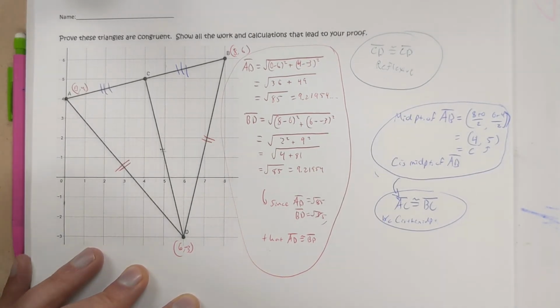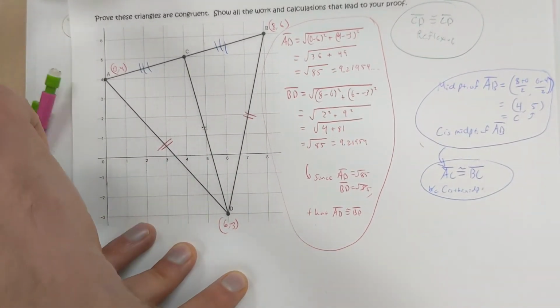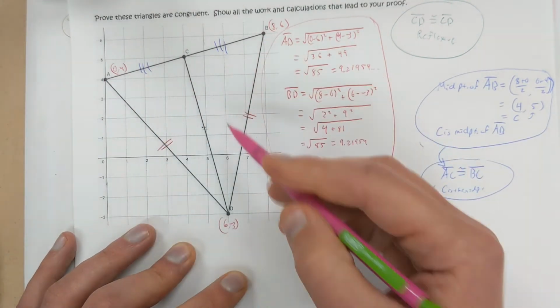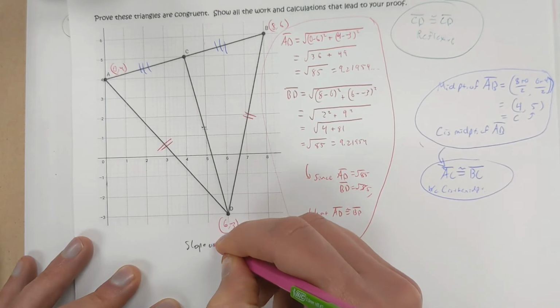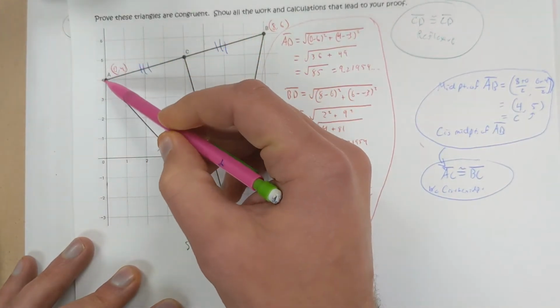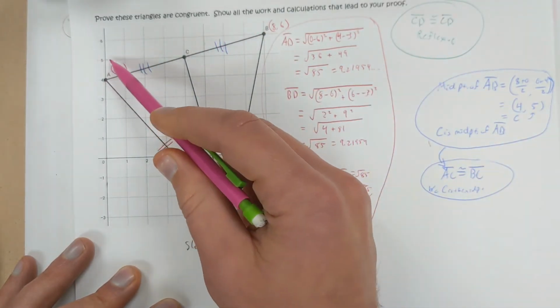But on this one, I'm going to show you one other cool thing we can do. I'm going to find the slope of AB. The slope of AB is up 1 over 4.